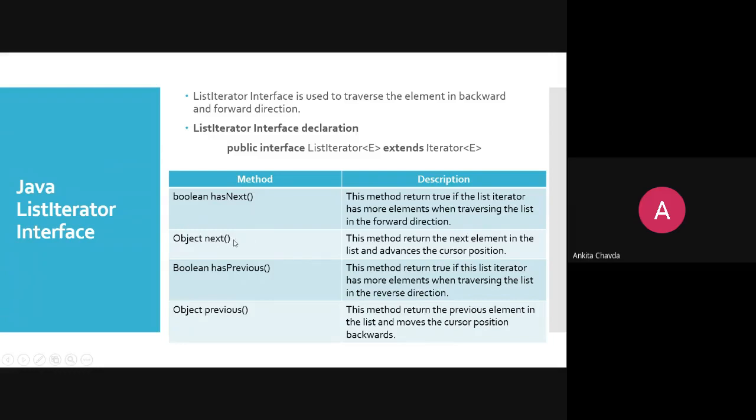Now, Object next. This method will do what? It will return your next element wherever it is right now. It is at the starting of the list, and it is not yet on the first element. So it will return that next element, and meanwhile it will advance the cursor position on its own.